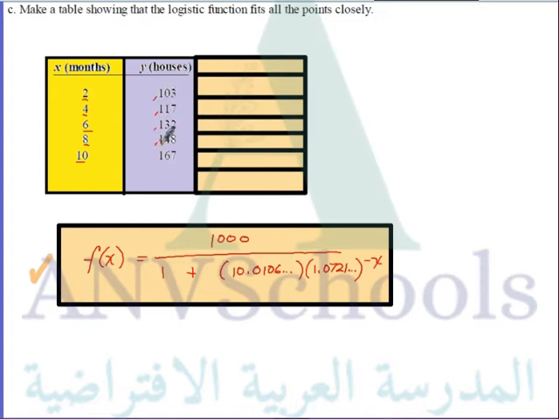Okay, so will our computed y values be close or exactly the same as these y values? So let's start with when x is equal to 2, using the equation.